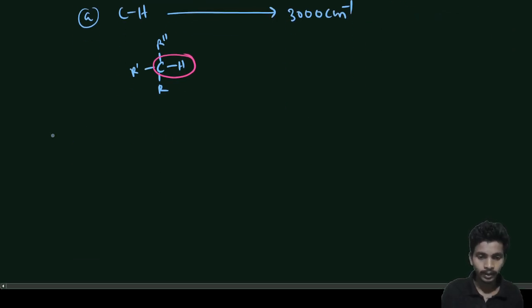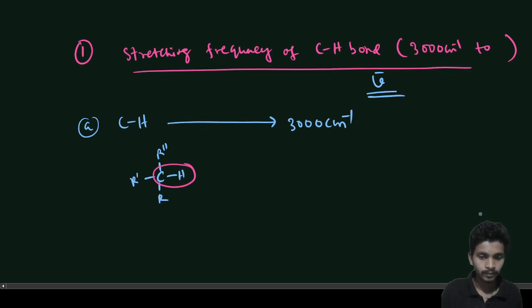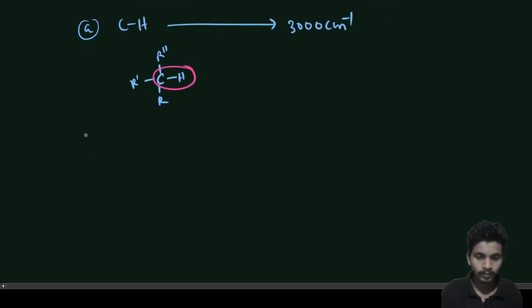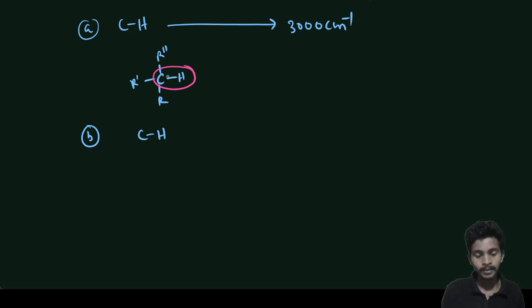Okay, and now if the CH, and if now this is sp3, now if it has sp2 type double bonds.